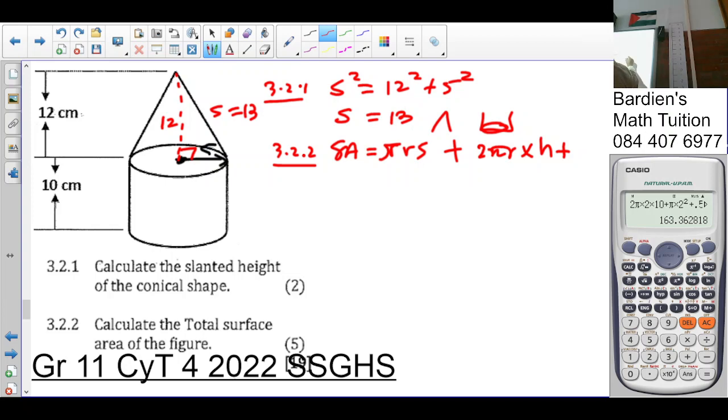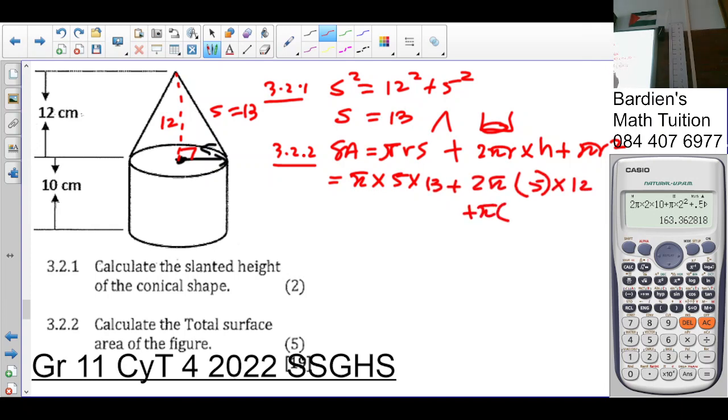So it's going to be pi times 5 times the slanted height, plus 2 pi times 5 times the height, plus pi times 5 squared. It's 210 pi. Is that correct?